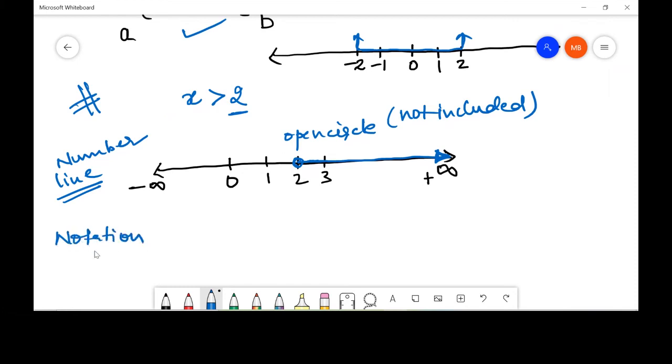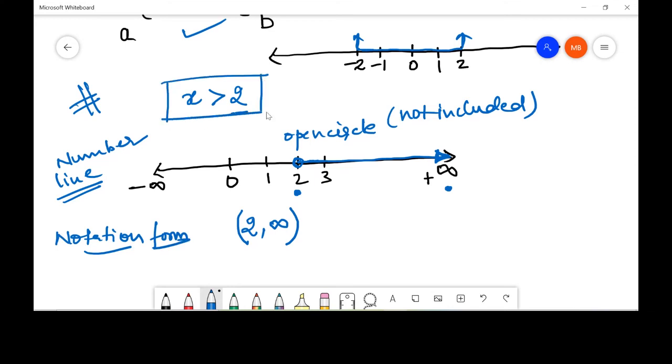On our left we have 2, on our right it goes up to positive infinity, so we'll write 2 comma infinity. Now we have to close this with brackets. Since 2 is an open circle, we'll use a round bracket or parenthesis here, and with infinity we always use parenthesis. So the interval notation for x greater than 2 will be (2, infinity).